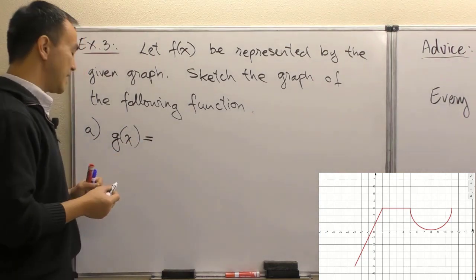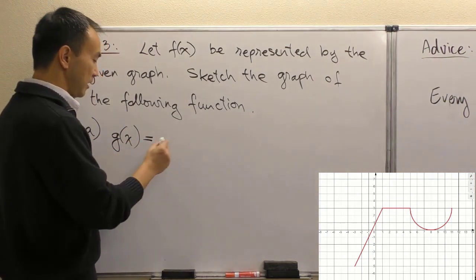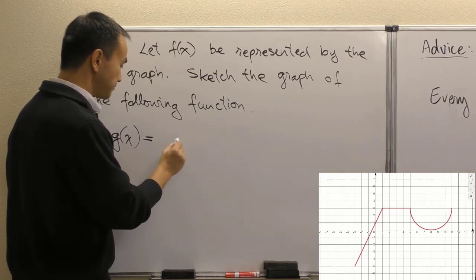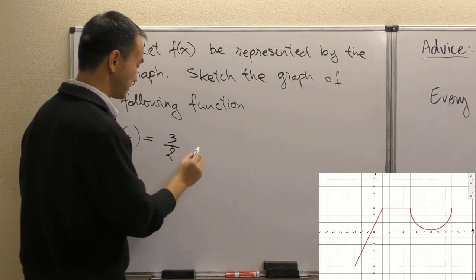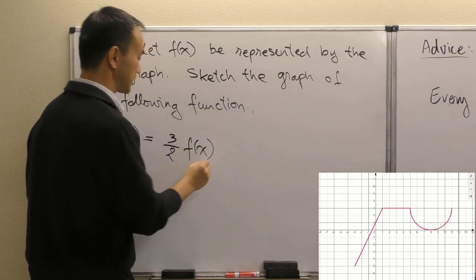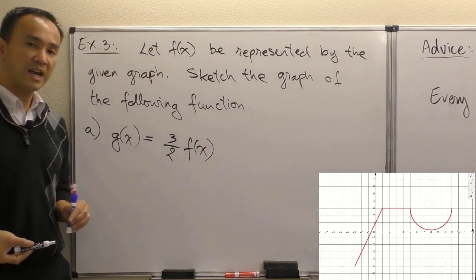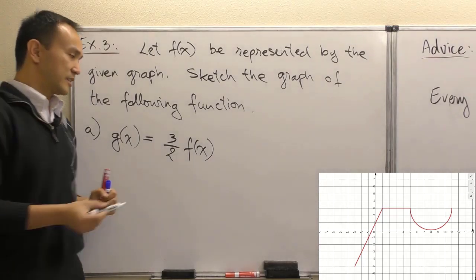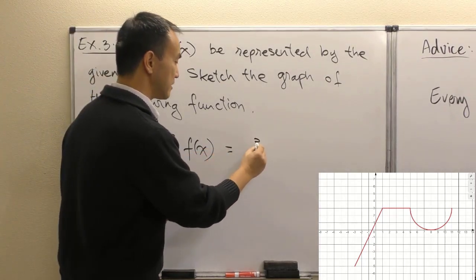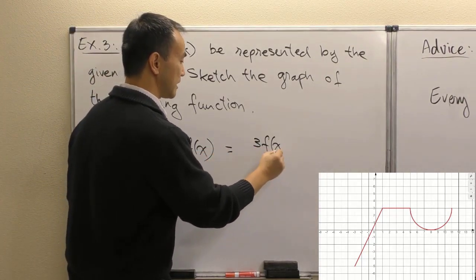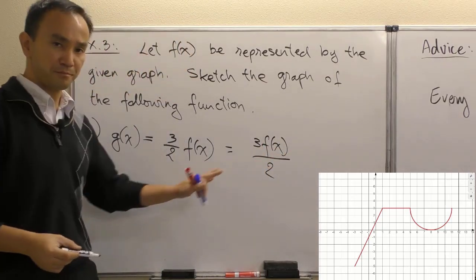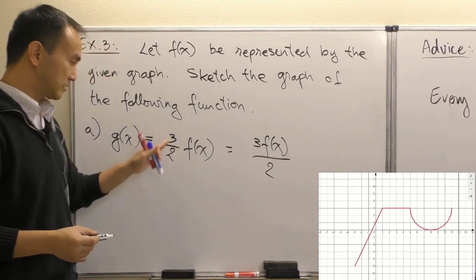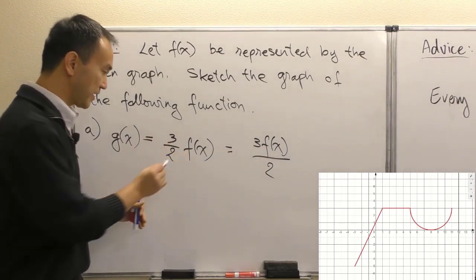So how about g of x here in part A is going to be 3/2 f of x. Sometimes some authors write in their textbooks 3 times f of x over 2. Be aware of that, but that really means a coefficient 3/2 times f of x.